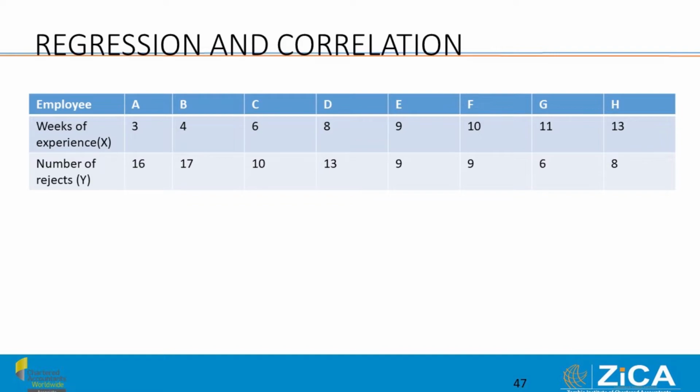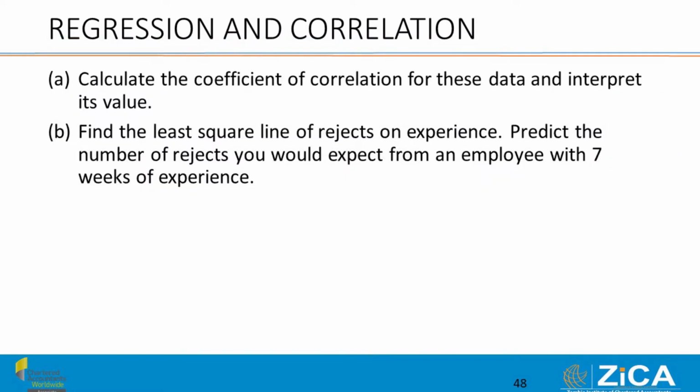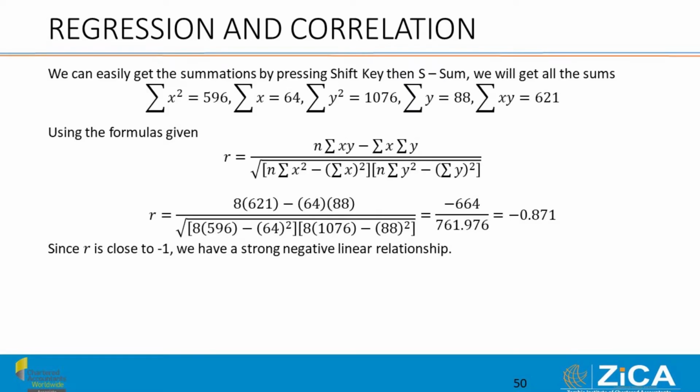For B, it's 4, the number of rejects, 17. Now, the question is: A, calculate the coefficient of correlation for this data and interpret its value. In B, find the least square line of rejects on experience. Predict the number of rejects you would expect from an employee with 7 weeks of experience.